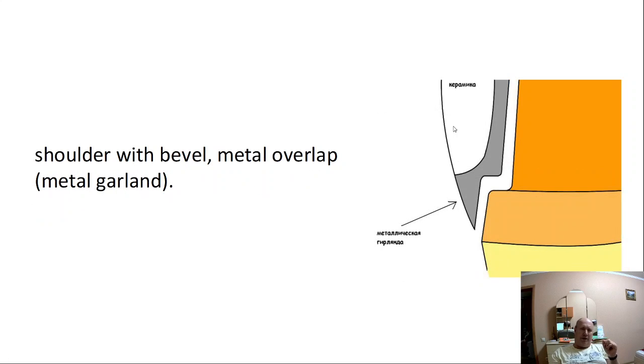Next one, shoulder with bevel, metal overlap, metal garland. It overlaps, if it's situated not in the vision area.